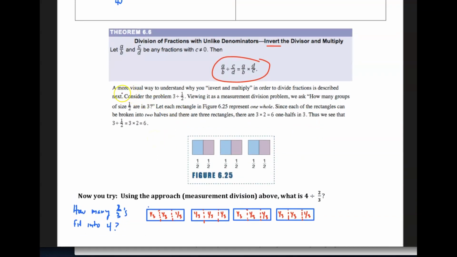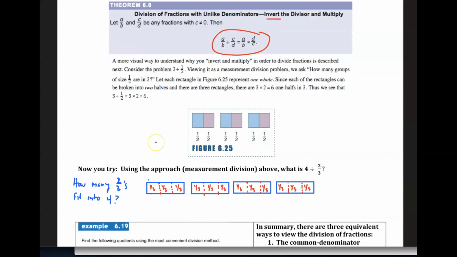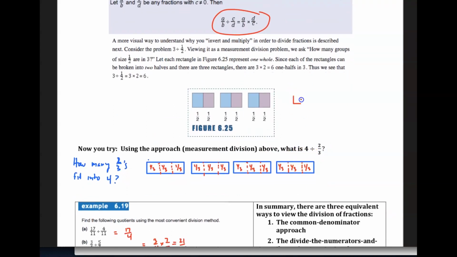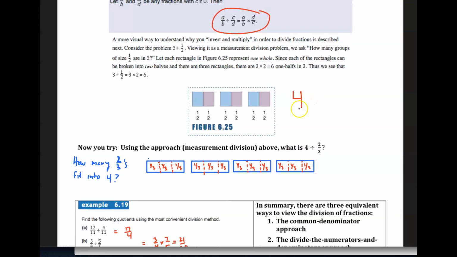For example, 4 divided by 2/3. The algorithm would be to do 4 over 1 times 3 over 2. So you get 12 over 6, and then the answer is 12 over 2, and your answer is 6.